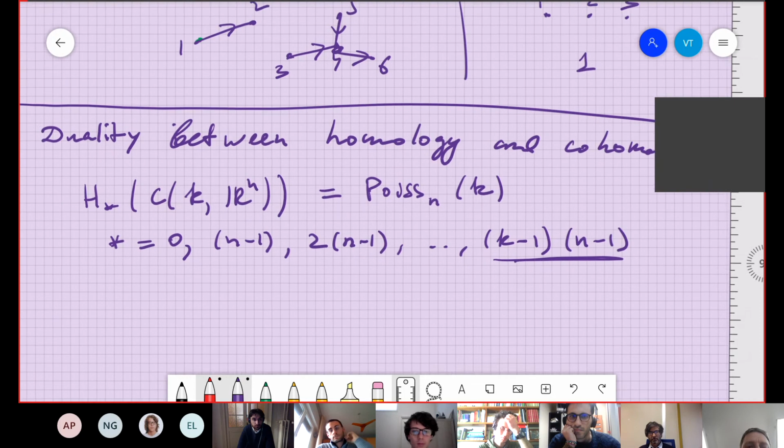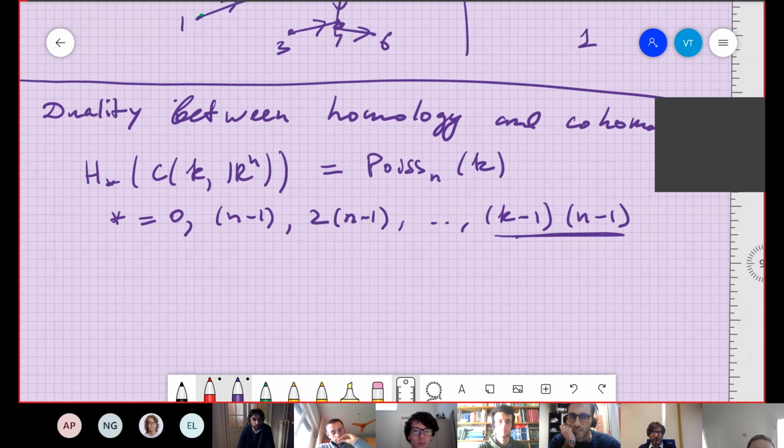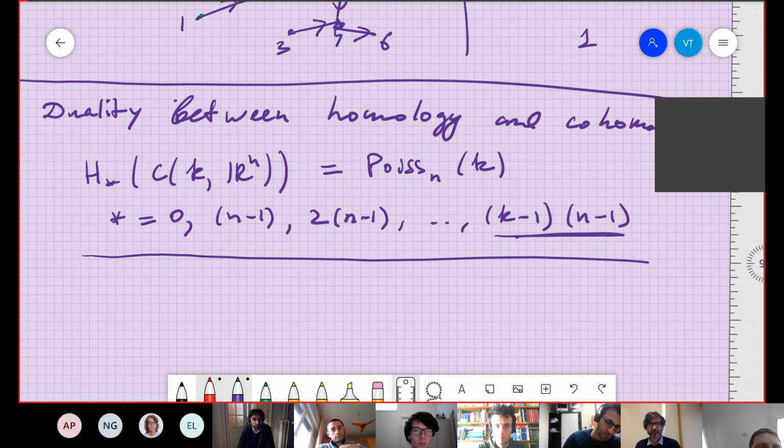So how can we see the duality? The idea is as follows. It can be defined iteratively. When we have just xi, we just send it to the graph i.